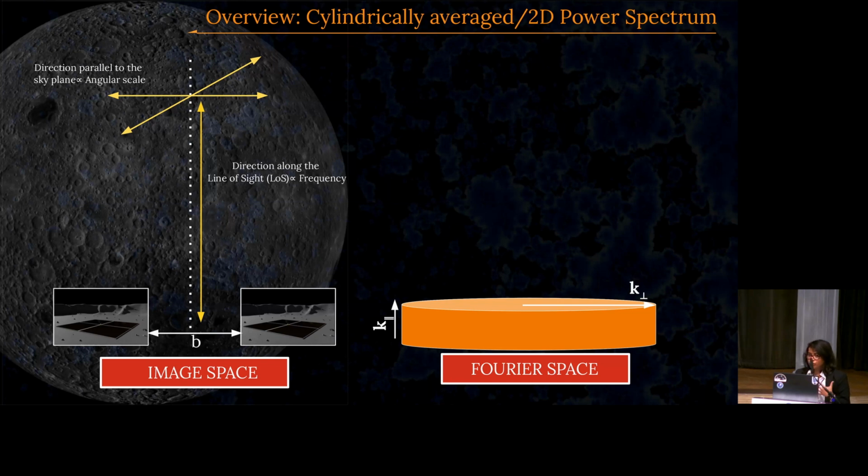Now, another way to think about this is in the Fourier space, where you can imagine the k perpendicular to be giving effectively the baseline length. And what we measure along the k parallel direction is basically the line of sight fluctuations, which basically gives us the time delay.